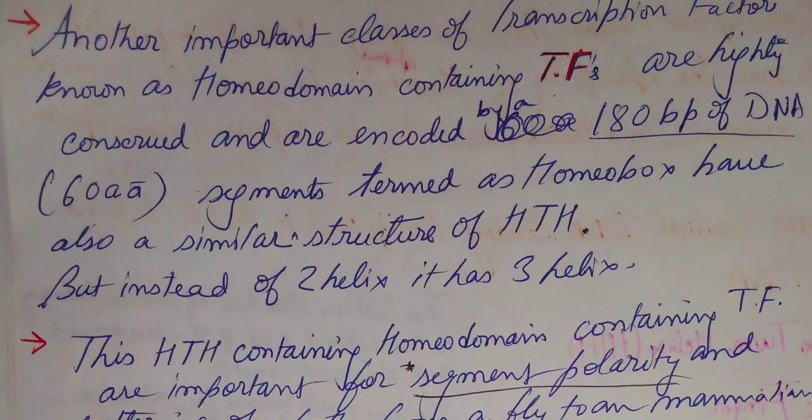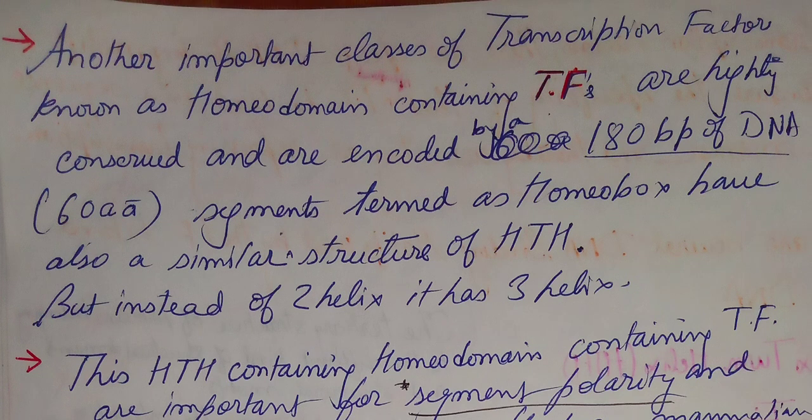That is, if you divide it by 3, it will be 60, because 3 nucleotides make a codon, and so it will be 60 amino acids. They are highly conserved and are encoded by 180 base pair of DNA.